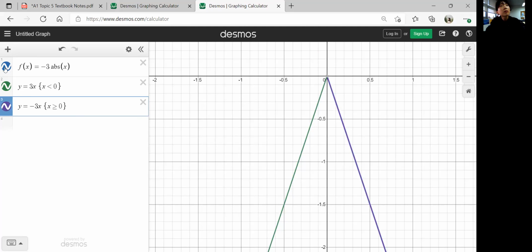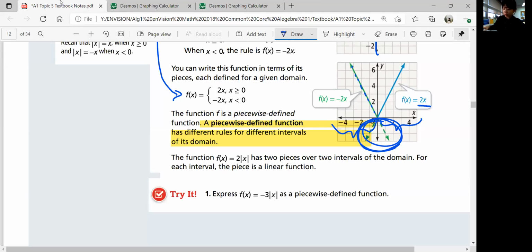If we have both of those equations and then let's hide our absolute value, does it make our absolute value function? Yeah, it maps exactly on it. So we figured it out. We just have to write it together in a big bracket. So how do you write this down? You're going to say f of x could be written in 2 equations.